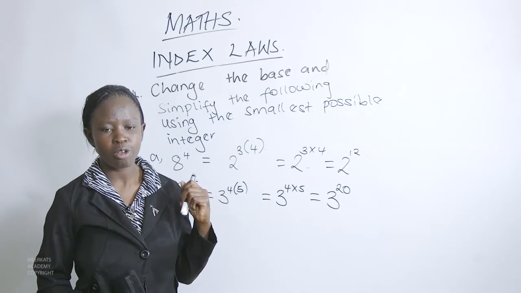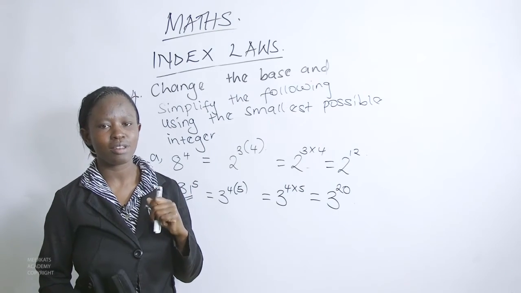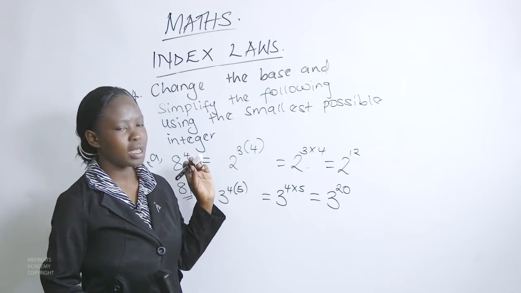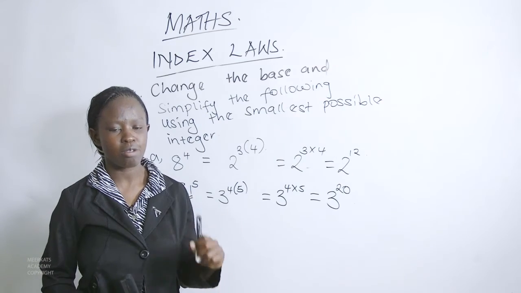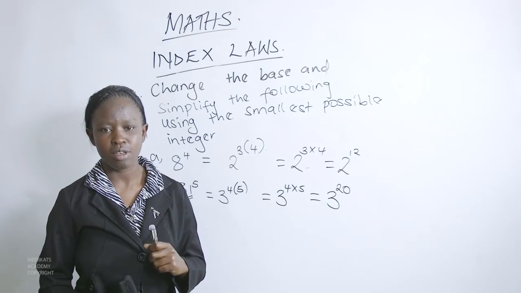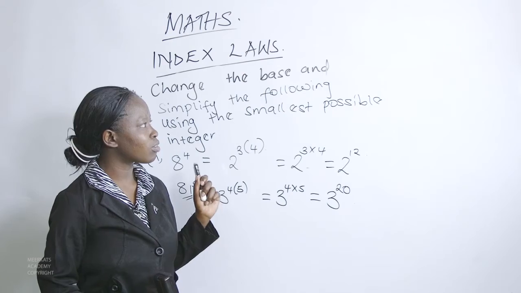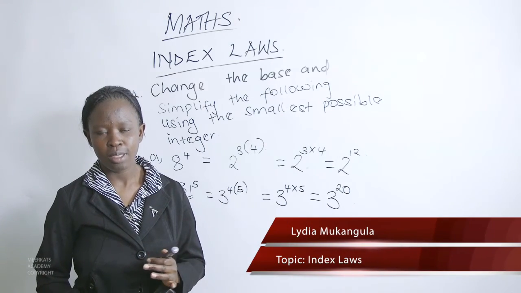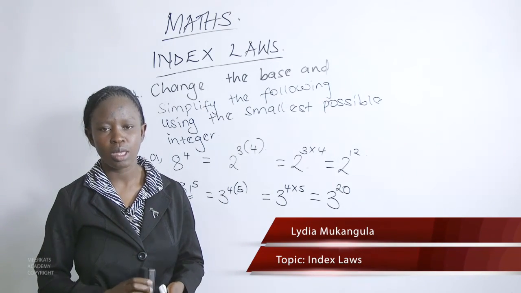And after you've obtained the smallest integer making up the number, you can express that number in index form and simplify the given situation. So that brings us to the end of the introduction to indices.